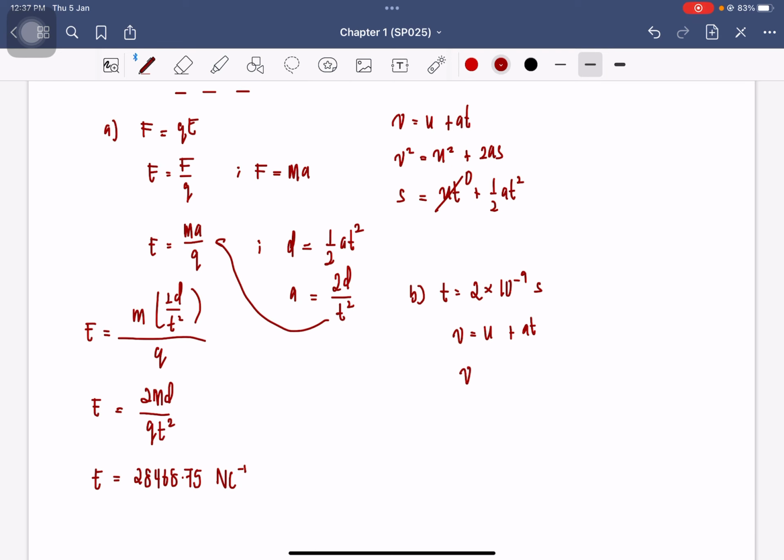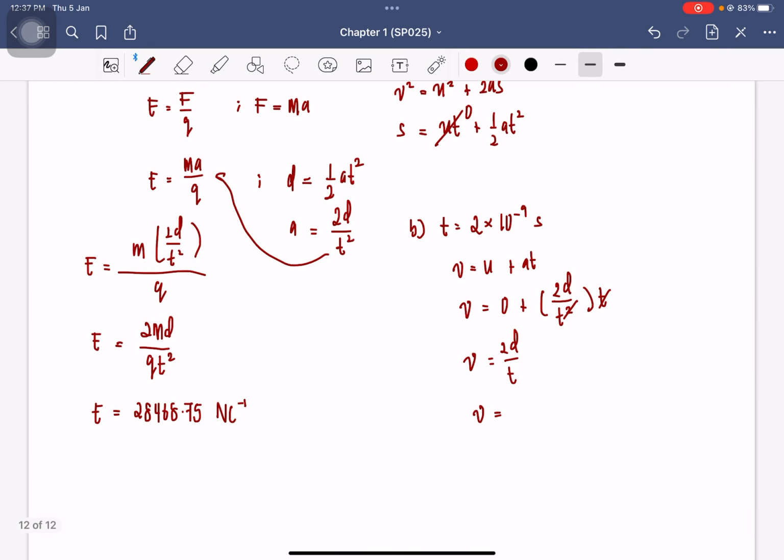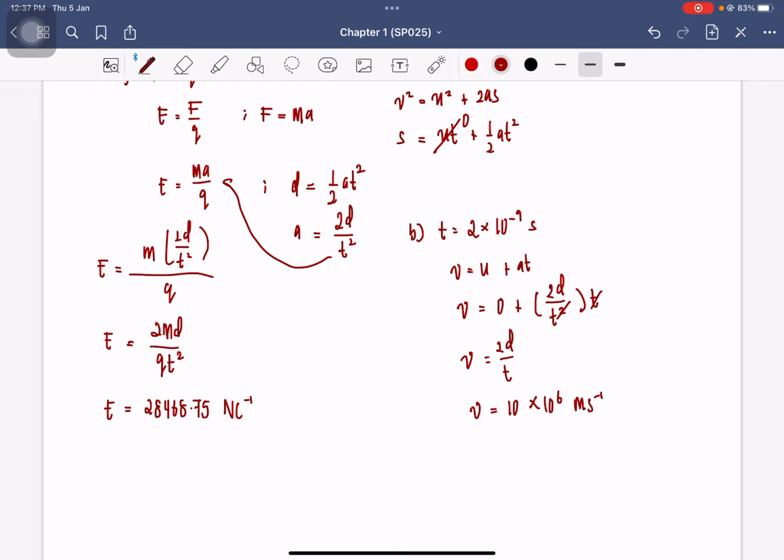V is what we are looking for. This is 0 plus the acceleration, which is 2D over T², times T. Cancel this, so we are left with 2D over T. So just substitute all the numbers and you will get 10 × 10^6 meter per second as the final velocity, the velocity as it reaches the positively charged plate.